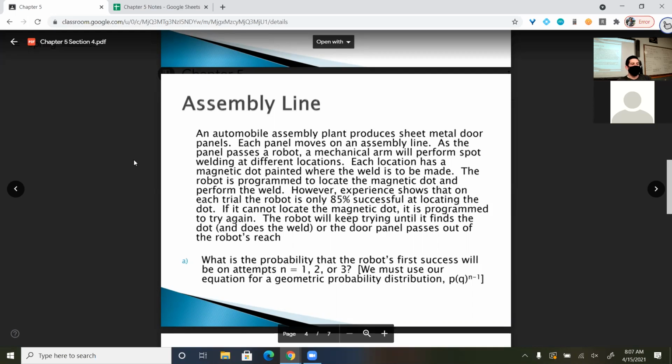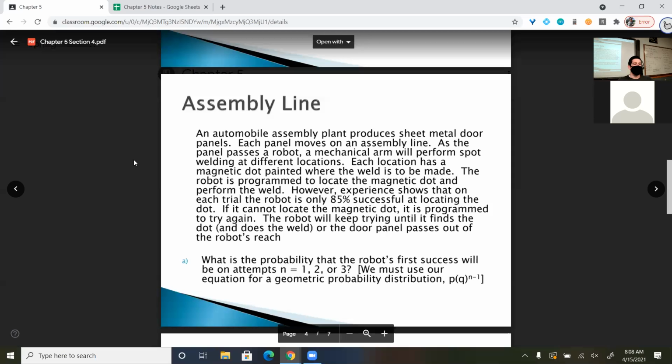Now, if it's only 85%, then you probably want to give it enough time to try once or twice or 3 times or 4 times or 5 times or however many times you want in order to have a higher probability of it being successful. But it's an assembly line, so you don't have someone sitting there saying, yep, weld's done, and then moving along. It's set on a timer.